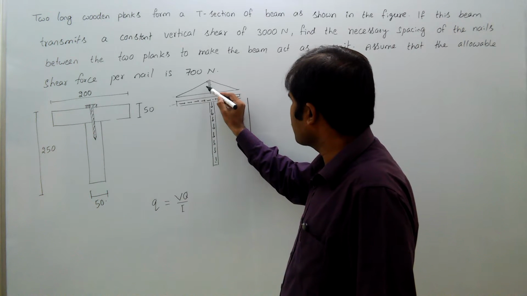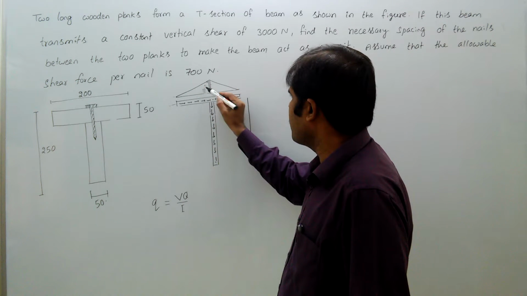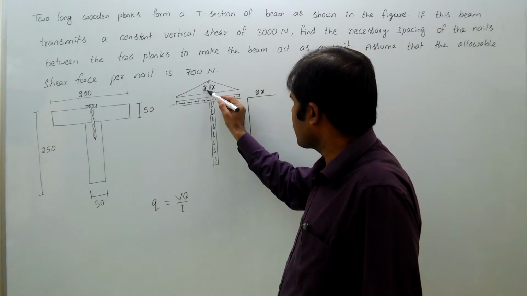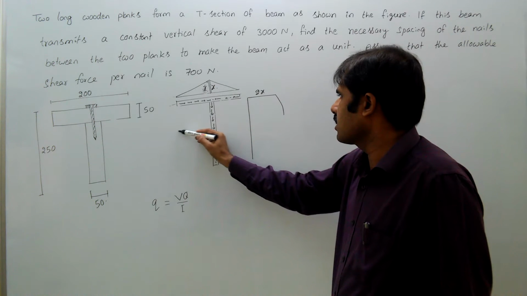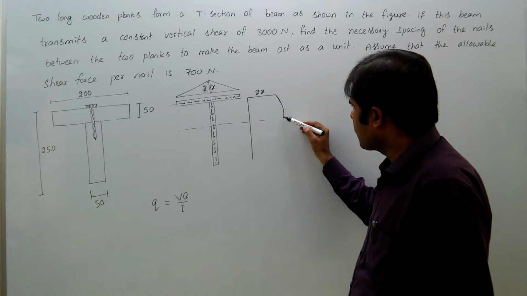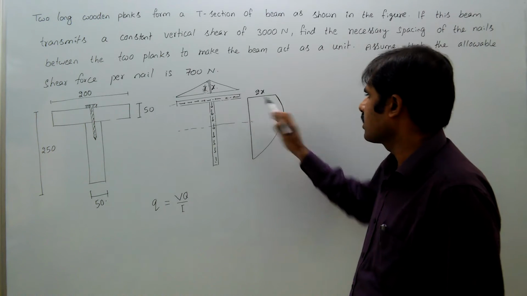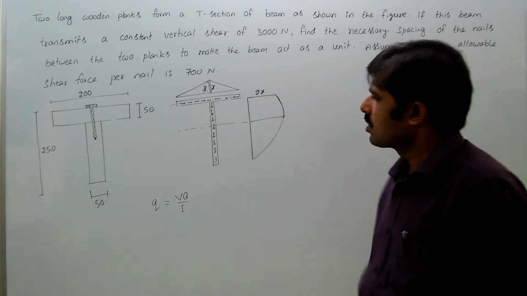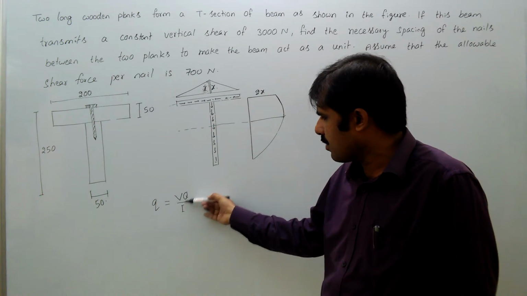That means suppose this quantity is x, this quantity also x, then this will be 2x, because x plus x is 2x. It keeps on increasing up to the neutral axis, then again decreases to 0 here. This is the shear flow concept actually. So shear flow at any point can be calculated like this, VQ by I.